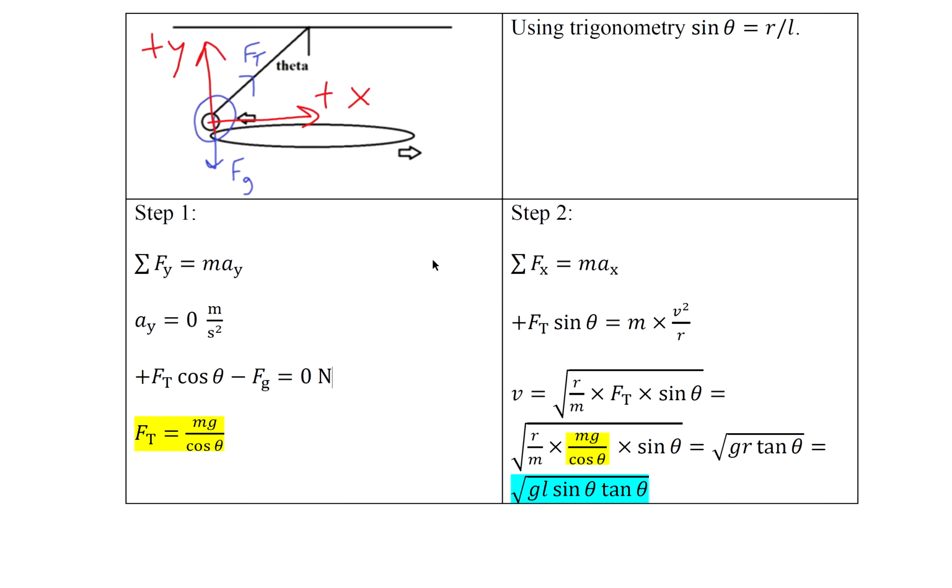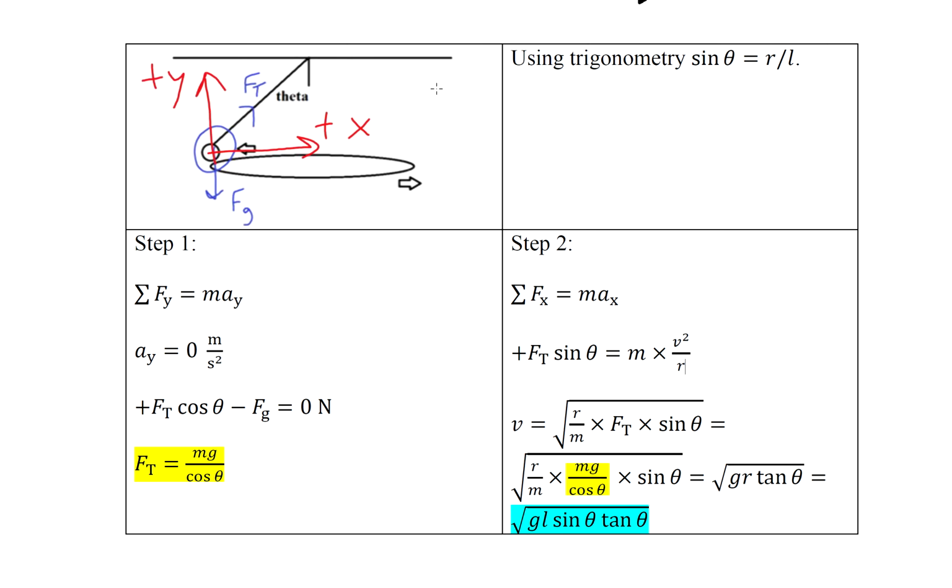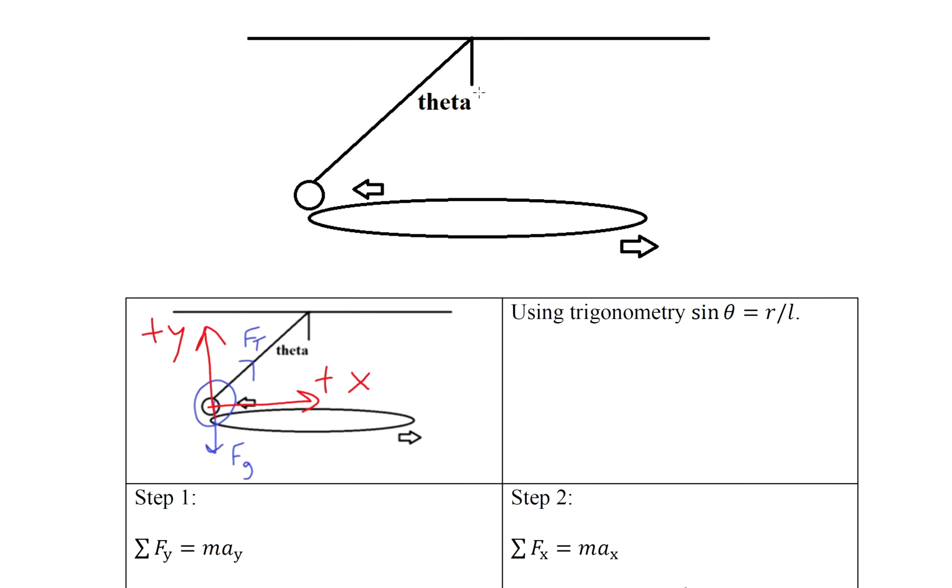So step 2, sigma F sub x equals ma sub x. In circular motion, a sub x is v squared over r. And what forces do we have in the horizontal direction? It's F_T sine theta. So remember, if theta is measured from the top here, that means from the ball, theta is measured from the vertical, not from the horizontal.